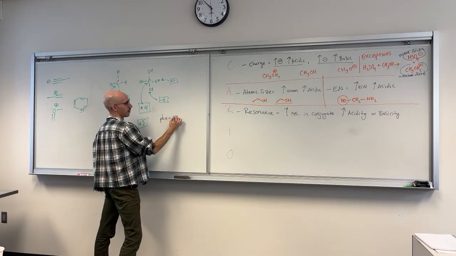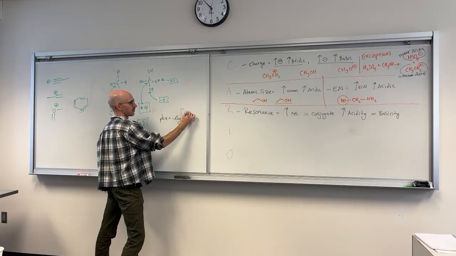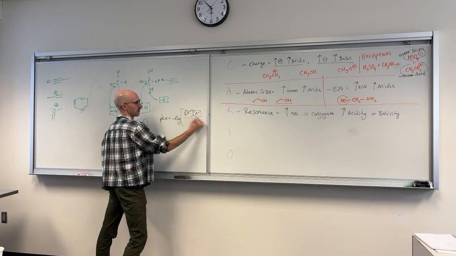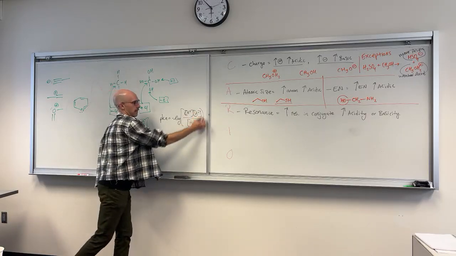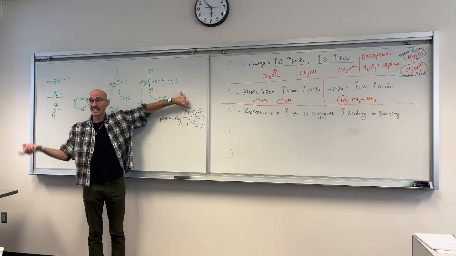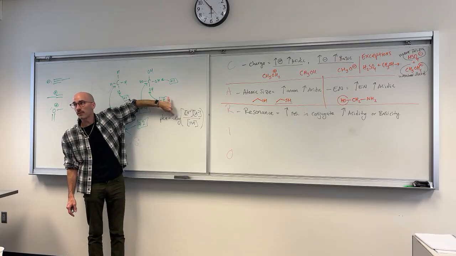Well, first of all, it's the log of a ratio, opposite the log of a ratio, of the concentration of hydrogen ion and conjugate base to the concentration of the acid. If there's a lot of this, meaning the acid has done its job well, then this number is very, very large, and opposite the log of it is negative.